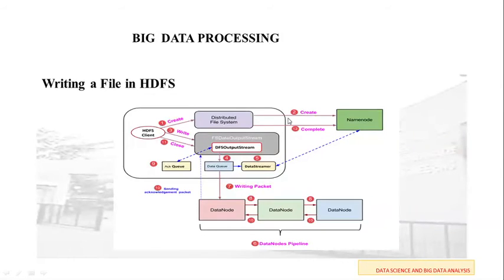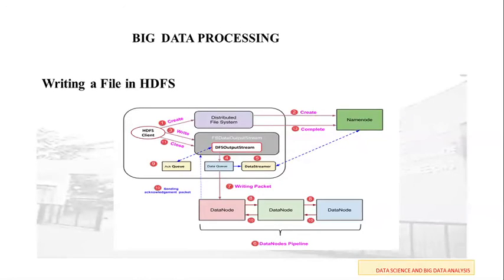In the next stage, the distributed file system object connects to the name node using the RPC call and initiates new file creation. However, this file create operation does not associate any block with the file. It is the responsibility of the name node to verify that the file which is being created does not exist already and that the client has correct permissions to create a new file.